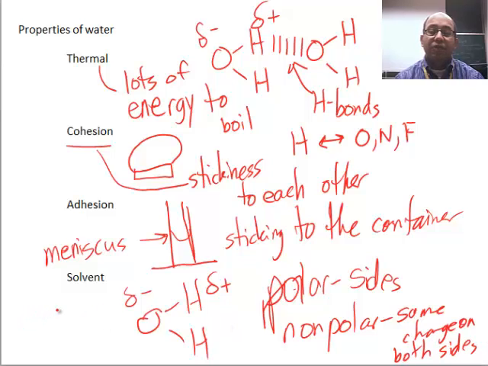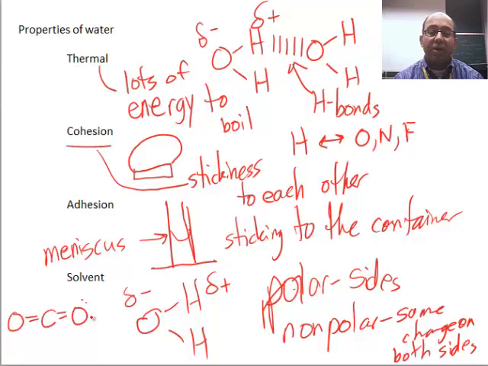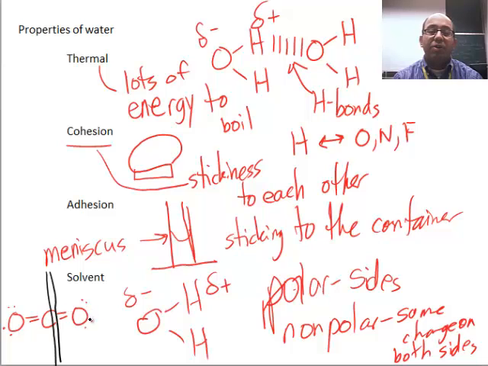Okay, so for example, carbon dioxide. If you did Lewis structures last year, you drew carbon dioxide like this, with its lone pair electrons on the oxygen. And you notice if you draw a line that divides carbon dioxide in half, you notice that both sides are the same.